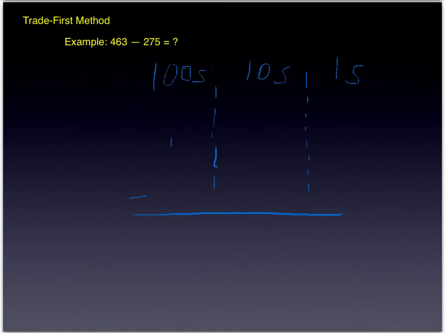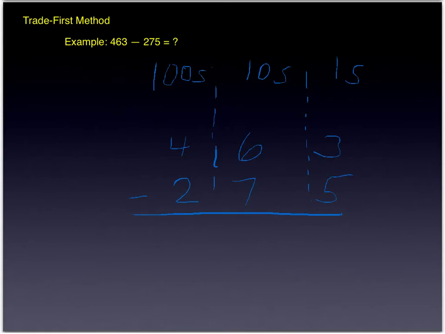But let's set it up like we did yesterday with our partial sums, where we had our different columns: our hundreds column, our tens column, and our ones column, and we did the subtraction that way. So we have 463: 4 goes in the hundreds, 6 goes in the tens, 3 goes in the ones. We had 275: 2 goes in the hundreds, 7 goes in the tens, and 5 goes in the ones.